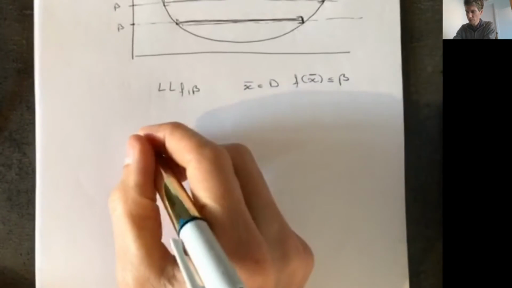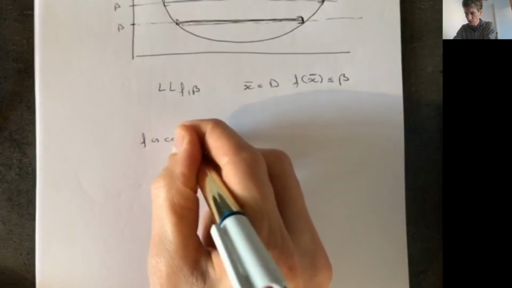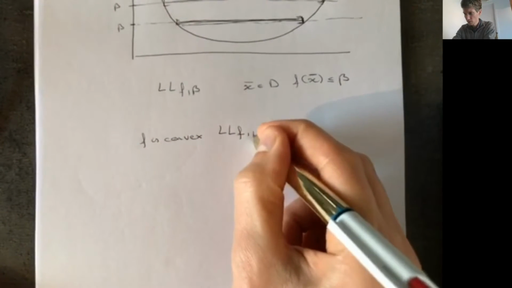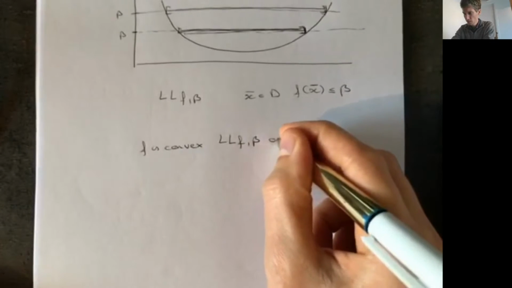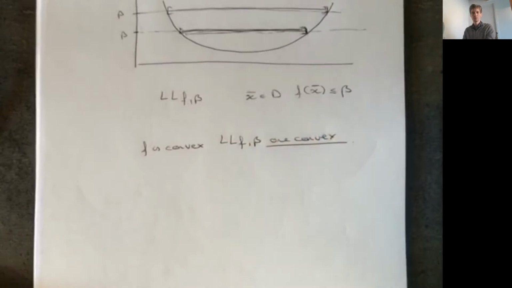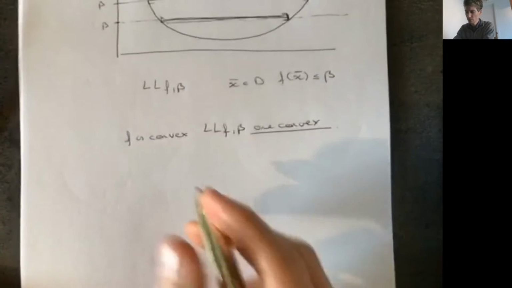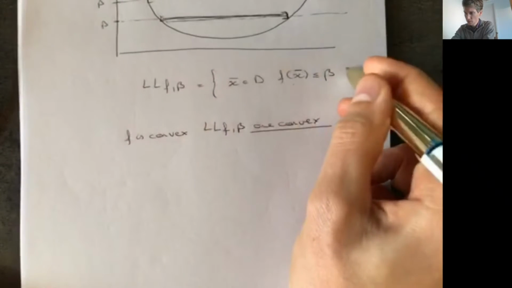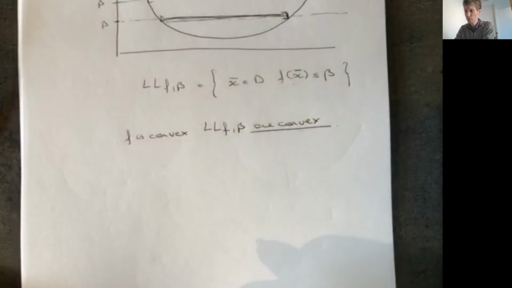So in this case, we say that if f is convex, then the lower level sets are convex. Okay. So in particular, what does it mean for these sets to be convex? Well, it means that if I take two elements in the set, then the convex combination should also be in the set, right?